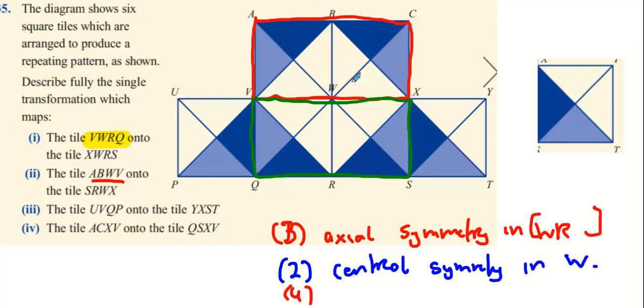Now you can see they are mirror images. If you look at different points here, if you take this point B, B is the same as R. A, which has the dark blue and light blue, is the same as Q, except the opposite way around. So they're definitely mirror images of each other. C is the same as S. So we're talking mirror images. So we're talking axial symmetry in VX.